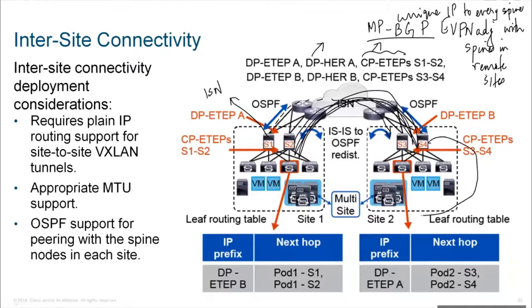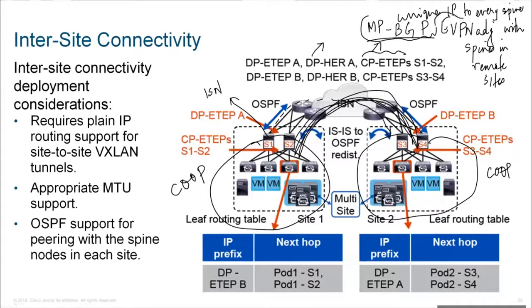Endpoint information in here is achieved by COOP. But then we need to send only for any conversations that happen, not all endpoints, only for any communication that we design for. That means we have a contract between applications across these two sites. That's when the conversations need to happen.